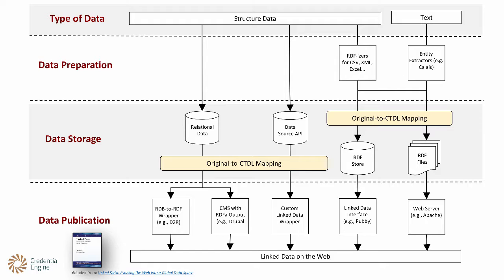Now, if you want to read more about this structure, the link down at the bottom, the structure is a modified version of an image in the text Linked Data: Evolving the Web into a Global Data Space. It's about the book, which is, by the way, a free version on the web at that link, is 2010, so things have moved on since then, but these basic conceptualizations have not.